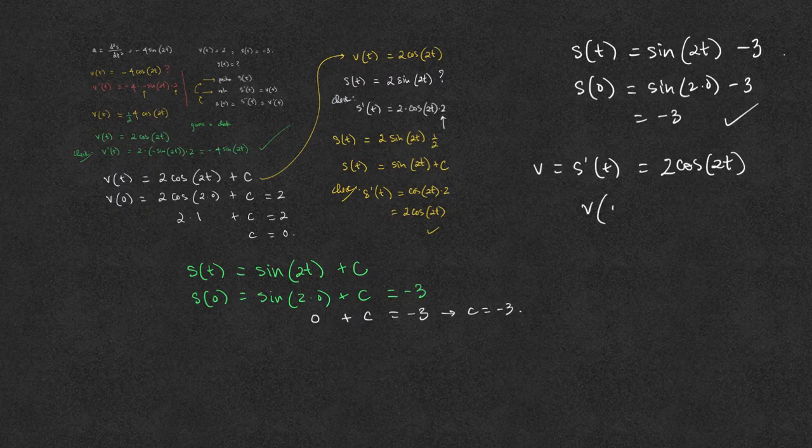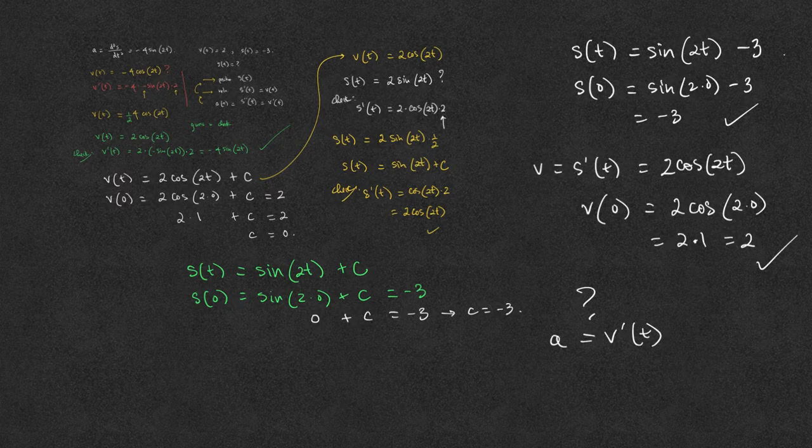If we plug in 0 into this velocity function, we get 2 cosine of 2 times 0. Cosine of 0 is 1, so this is 2 times 1, or 2. Another condition checks out. Next, we differentiate v to get the acceleration. The derivative of 2 cosine of 2t is 2 times negative sine of 2t times 2, which is negative 4 sine of 2t. And so the third condition checks out.